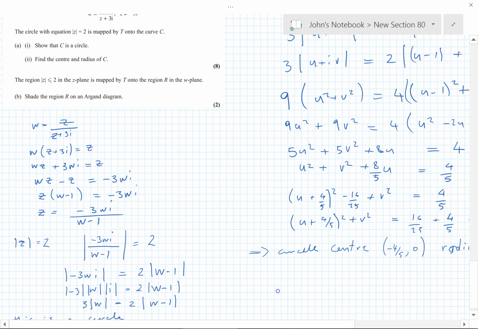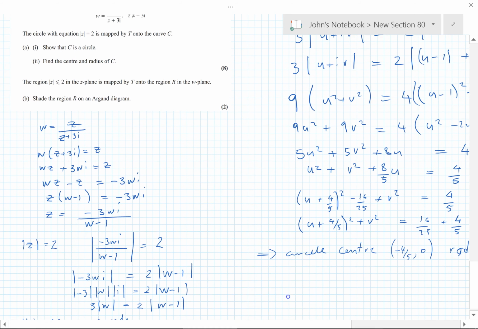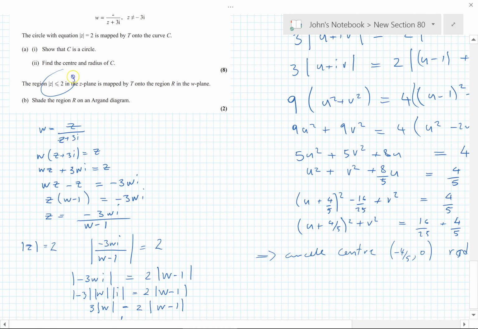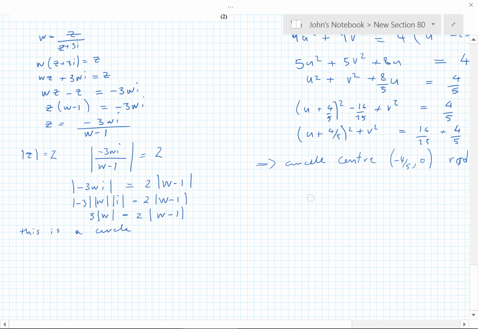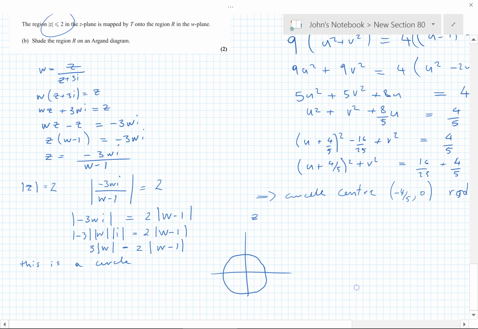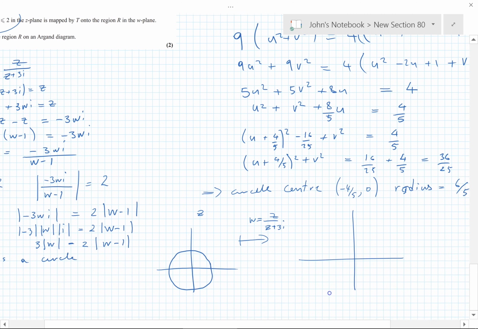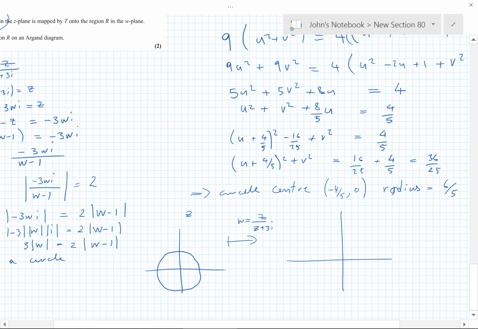That's a simple 2-mark question. It says we've got mod z equals 2. Let's draw that. Our mod z, if we're in the z plane, we've got a circle here which is being mapped by means of this w is equal to z over z plus 3i. We've worked out the centre and radius of this.